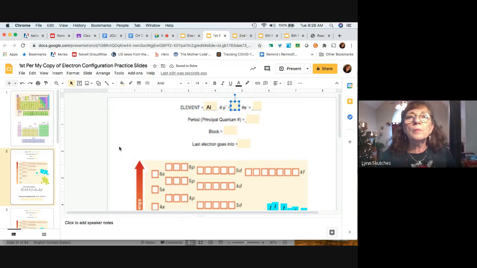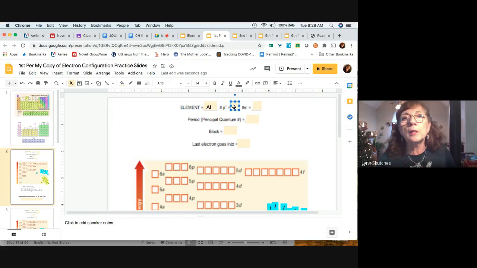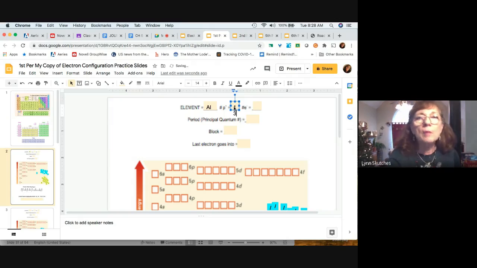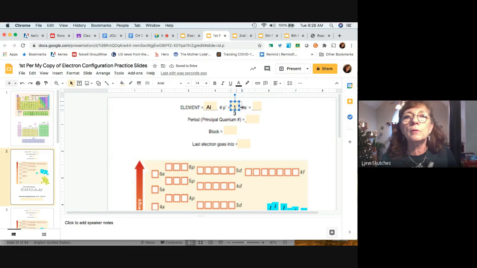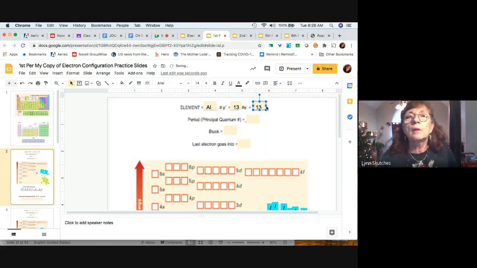When you look for aluminum on the periodic table, it's right here, and that is really small and fuzzy, so I'll just tell you it's number 13. So that means the atomic number is 13, and there are also 13 electrons. You're going to have to make the boxes bigger, I apologize.